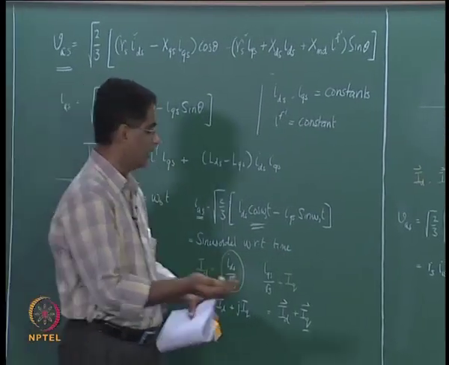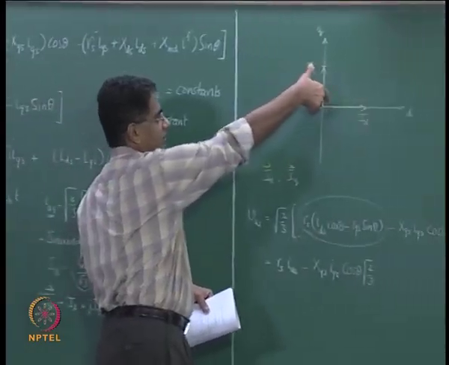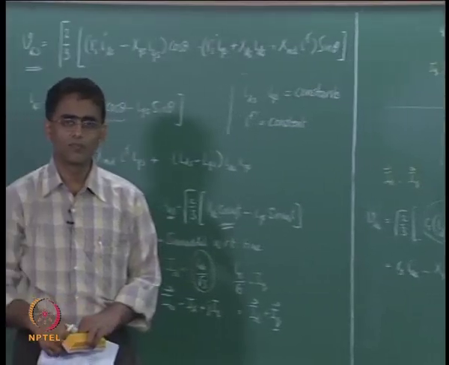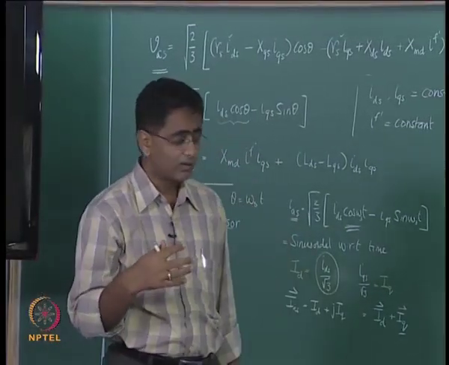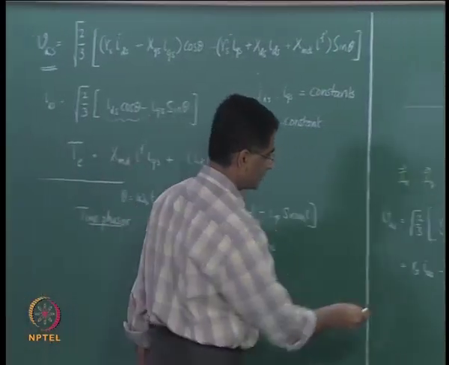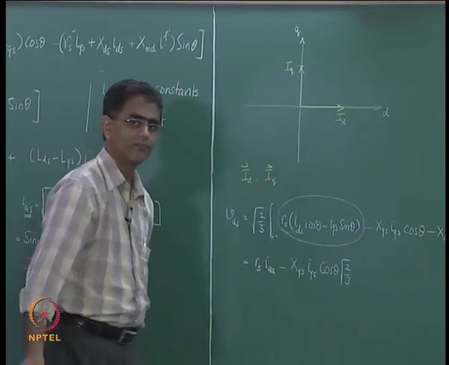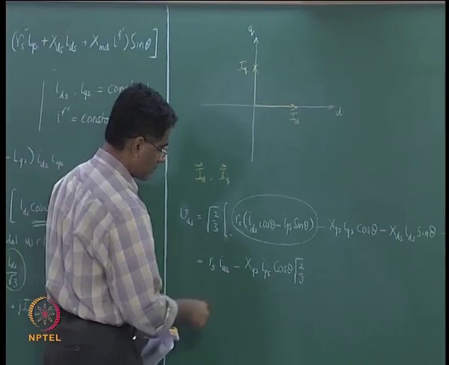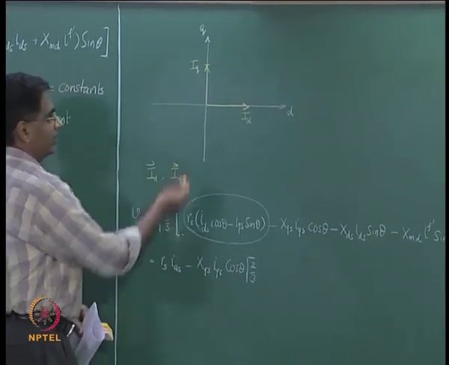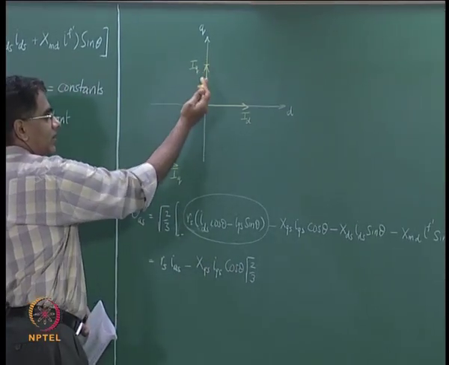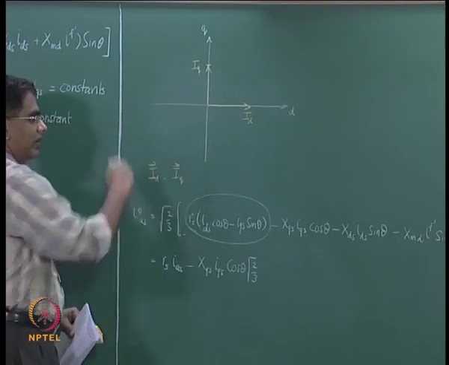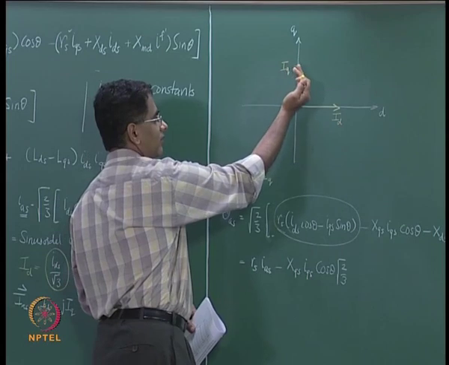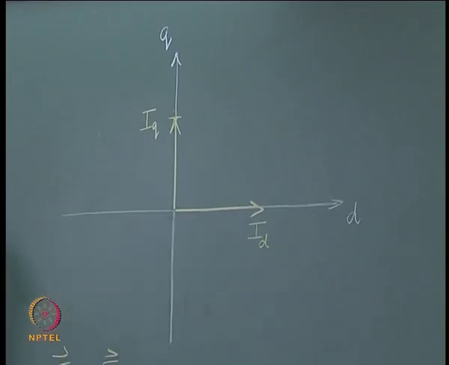If we have the same length but lying along the minus D axis, that would then be written as IQS into minus cos theta, and therefore this term represents the same length but lying along the minus D axis, which represents then a rotation of this Q by 90 degrees.